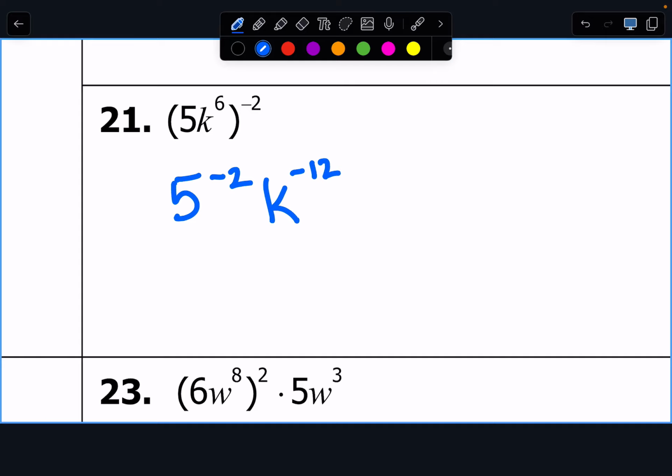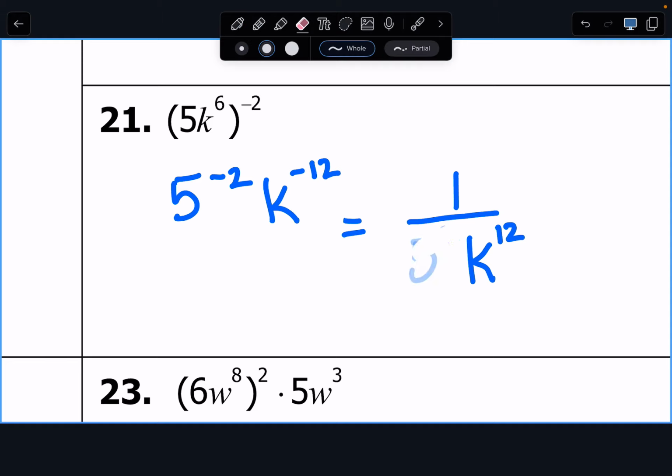It's okay for a coefficient to have a negative exponent, because what does it mean? It just means that we need to make this a fraction. 5 squared needs to go across the fraction bar, and k to the 12th needs to go across the fraction bar, since they're both negative. Fix it. Now, do I want you writing 5 squared? No, what do I want you writing? 25.